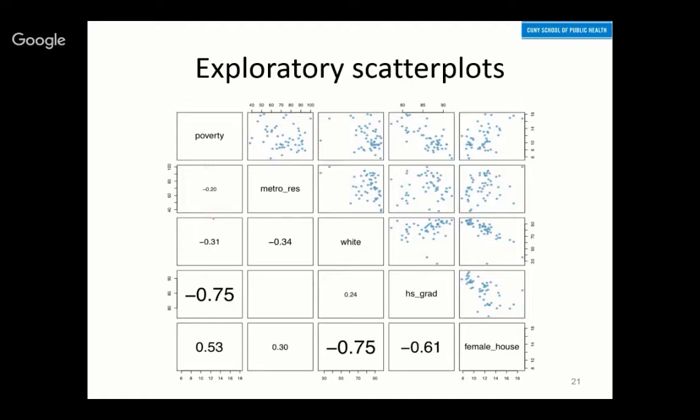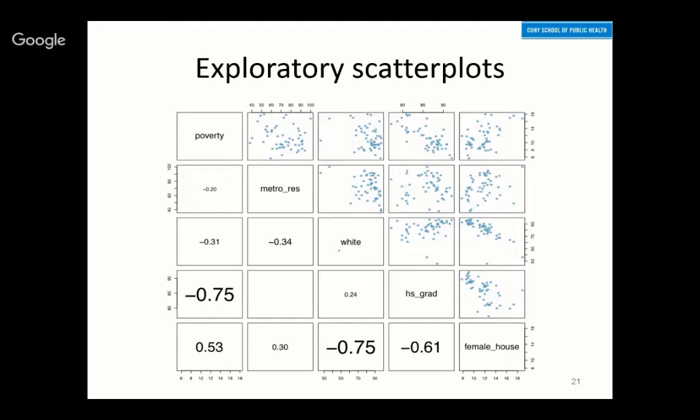So you can see there's a fairly big correlation between poverty and high school graduation, a negative correlation. So in areas with higher rates of high school graduation, there is less poverty because it's negatively correlated.